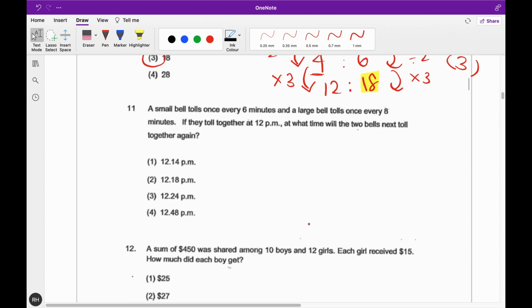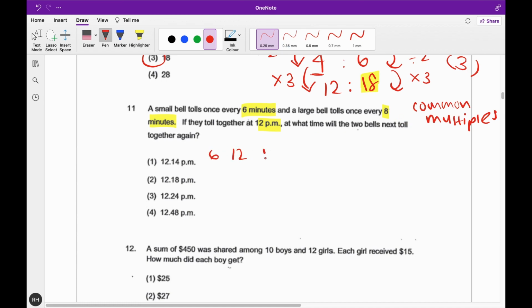Question 11. A small bell tolls once every 6 minutes and a large bell tolls every 8 minutes. If they toll together at 12 p.m., at what time will the two bells next toll together? Okay, so this is a common multiple question. So basically you have to count the multiples of 6 and the multiples of 8.